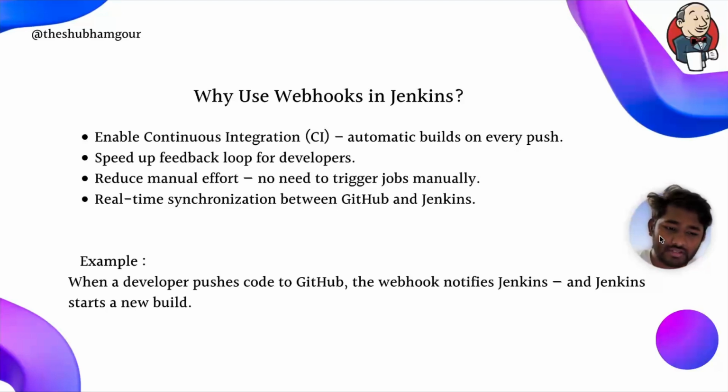Why should we consider webhook in the very first place in Jenkins? First, it will enable continuous integration, that is, an automatic build on every push. Second, it will speed up the feedback loop for developers. Let's say something breaks or is not working as it's supposed to. We don't have to worry about going and triggering the build; they just have to wait for some time.